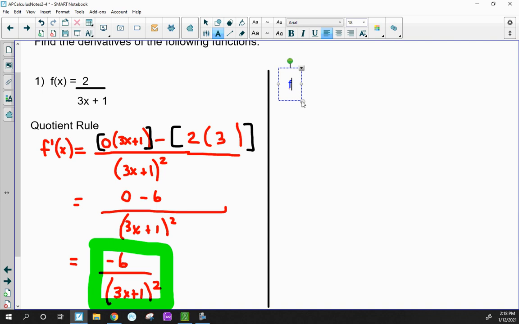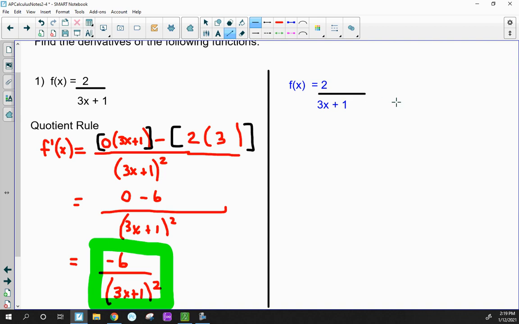Okay, now we're going to take the exact same problem and we are going to apply the chain rule to it. But in order to do so, you really do have to see this, it's a fraction to begin with, but we're going to rewrite this problem so there's no fraction.